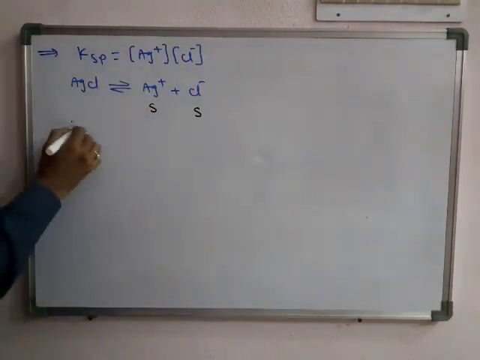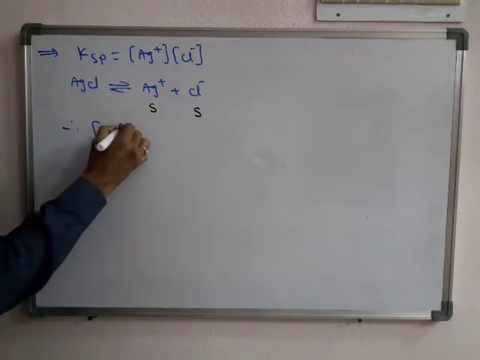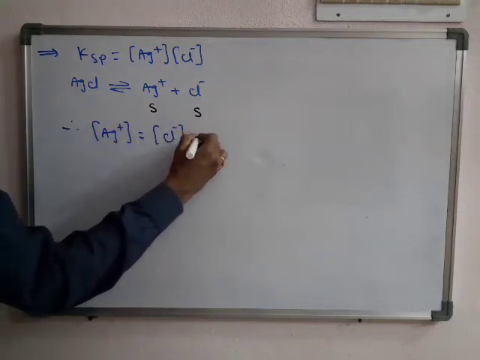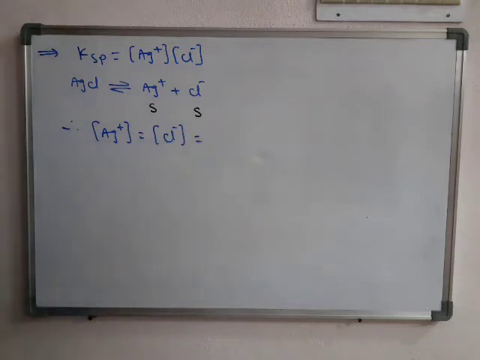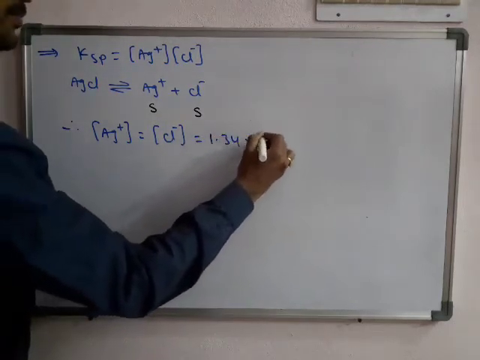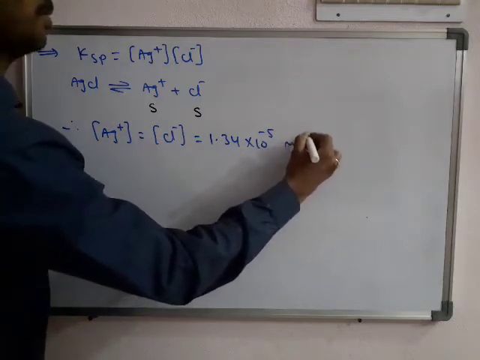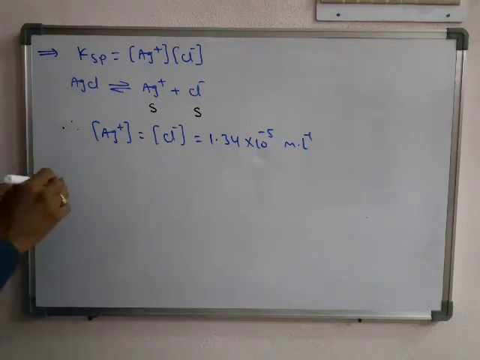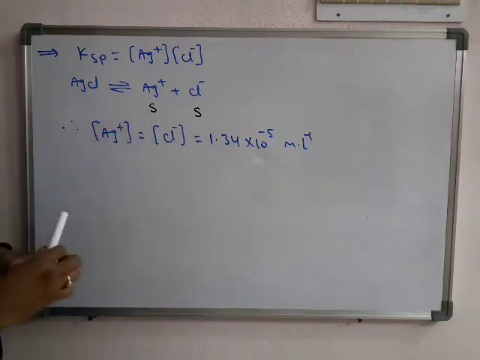So we can write directly that the Ag plus concentration is also equal to the Cl minus concentration, which is nothing but the solubility, that is 1.34 into 10 to the power of minus 5 moles per liter, and both have the same concentration as it is a 1:1 ratio salt. So for AB type of salt, we directly write like this.